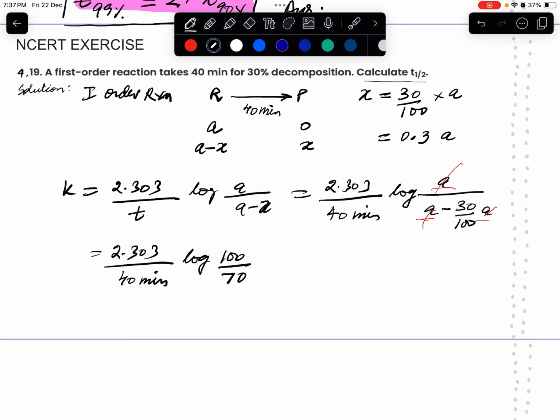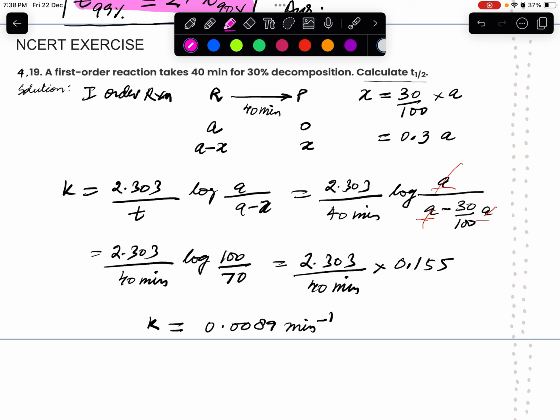Now this will be equal to 2.303 divided by 40 minute. Log of 100 by 70, we will be getting the value as 0.155, and after multiplication and division the answer will be 0.0089 per minute.